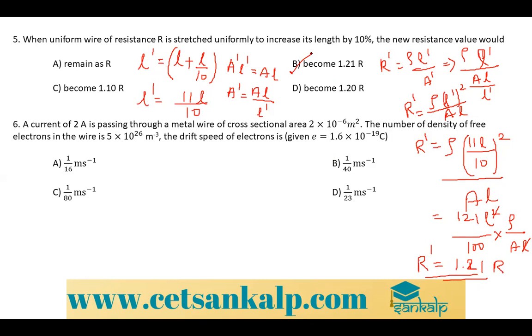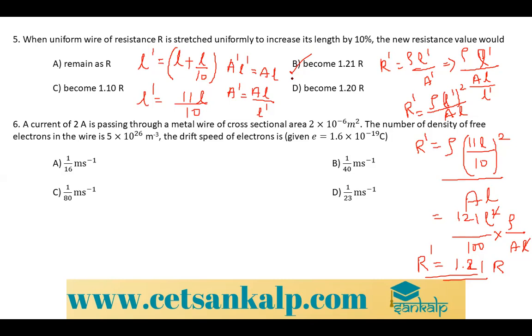Okay, done. So if you see the next problem, a current of 2 ampere is passing through a metal wire of cross-sectional area.